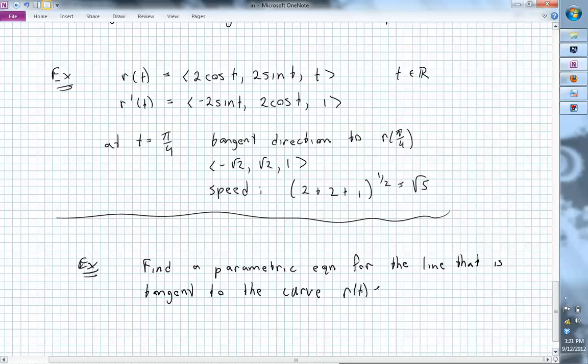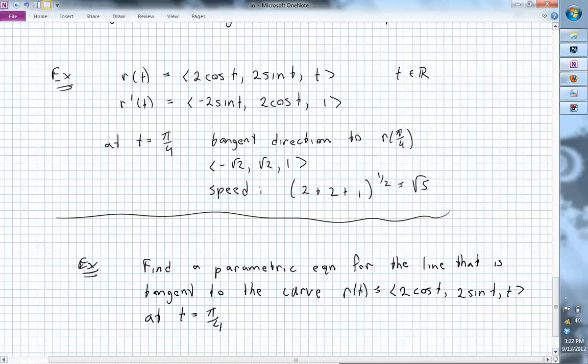r of t equals 2 cosine t, 2 sine t, and t, at the point t equals pi over 4.